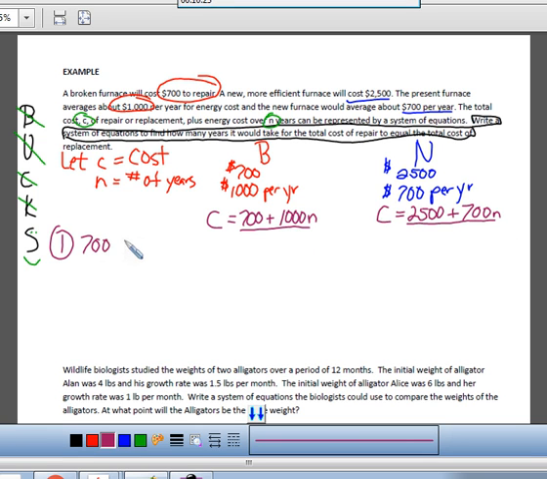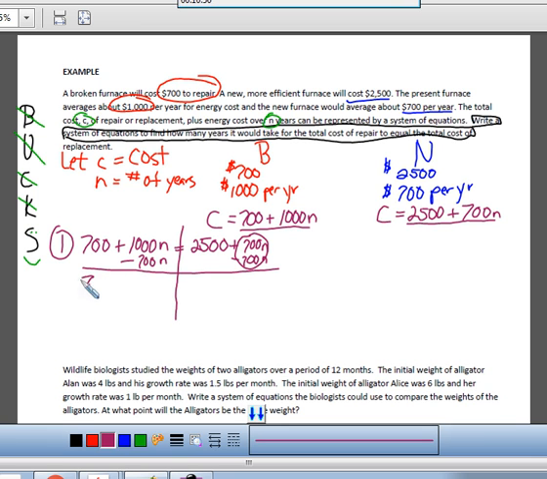So 700 plus 1,000 N equals 2,500 plus 700 N. Alright, steps for solving. Let's go ahead and subtract 700 N from both sides. Take care of that variable first. Draw your line or train tracks if you like.